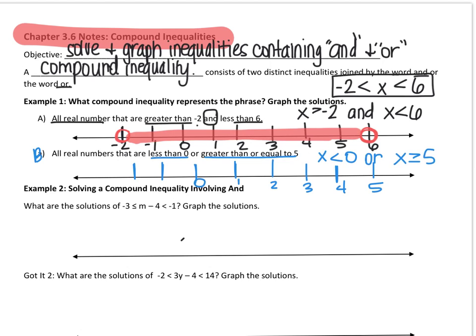That's going to be an open circle on 0 and a closed circle on 5. You're going to shade the numbers that are less than 0 and/or greater than 5. And you have both shaded areas on the graph.